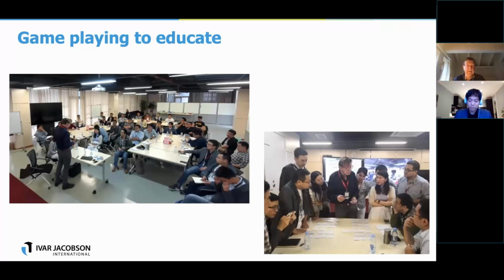But what we did now is we moved over to a big table and I played a game with them. You see people around here, they look at the cards, they talk, they ask questions. In the first picture to the left, no one in China talks. They listen to their manager. On the right, they were all talking, very active. And that is the point.